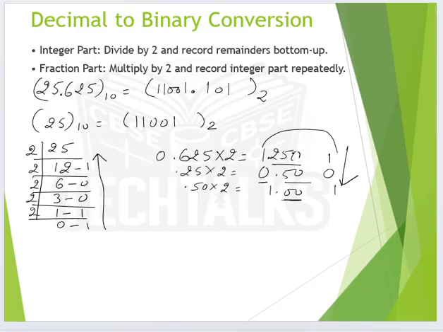You record the integer part and keep multiplying the fractional part by 2 until all the digits after the decimal point are 0. I hope this is clear. Let's move to the next conversion.